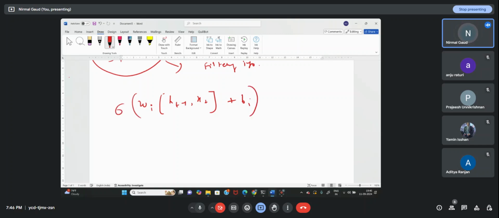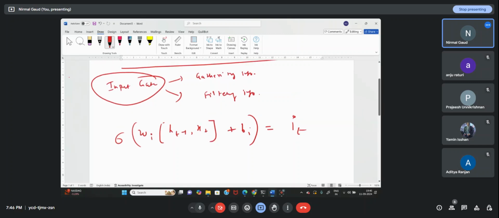Give it to the sigmoid activation function. Okay, fine. So here I am getting the answer as it, the input gate. So all these things are just like the forget gate only. Gathering information.